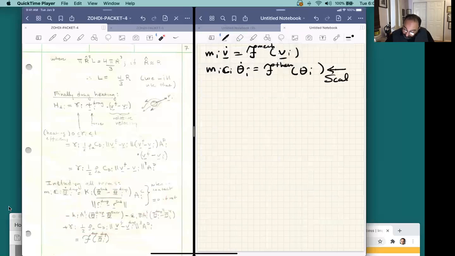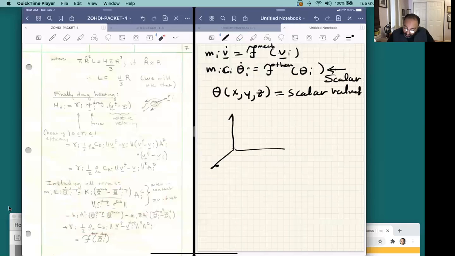scalar. This is not a multi-dimensional equation, even though theta might be a function of x, y, and z, it's still scalar valued. Now, that's going to be a recurring theme all the time in this class, because this object, even though it might be flowing through space, at any given moment of time, there's only one value of the temperature for this little blob of material. There's not 3.